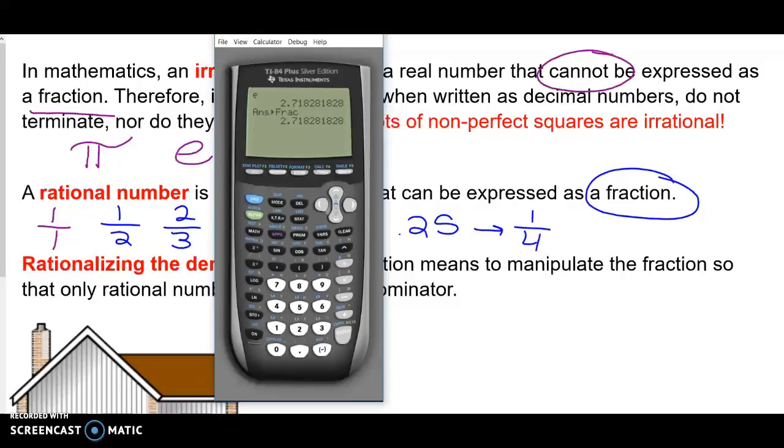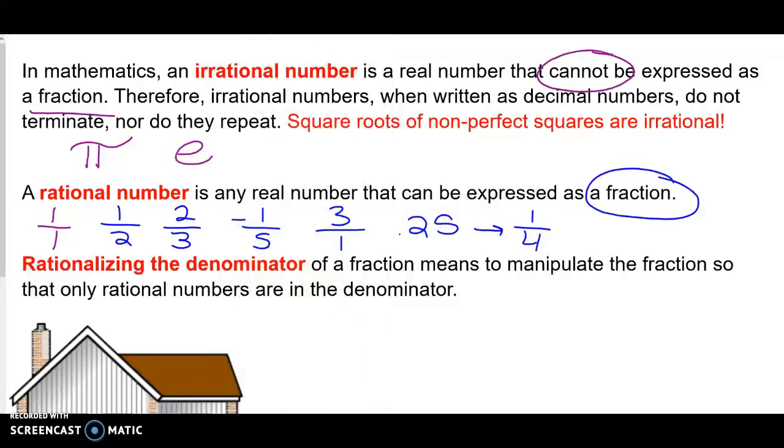Obviously your calculator cuts it off because it doesn't have a never-ending screen, but there are some other ones that are also irrational. The most common is the square root of a non-perfect square. So what about the square root of 4? Is the square root of 4 rational? Yes, because what's the square root of 4? 2, which is 2/1.